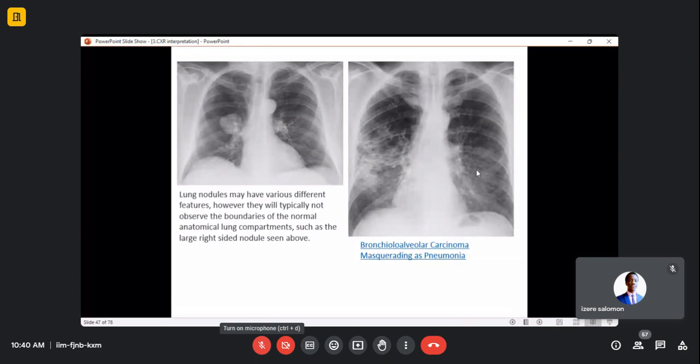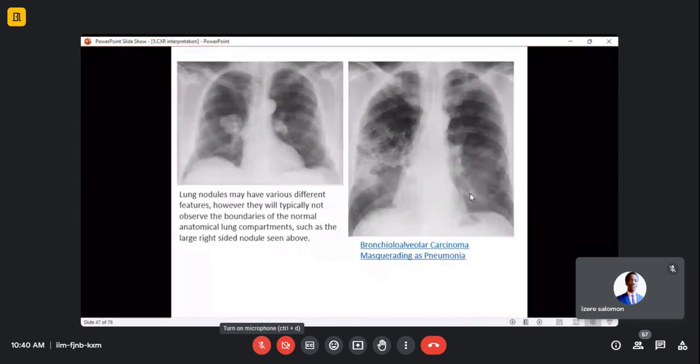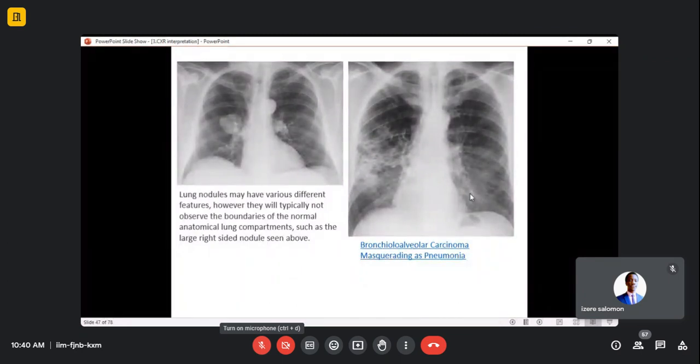So don't ask how you can differentiate them. It's still always the clinical history. Because if you give me this image and tell me the patient has been sick for 3 months, or 4 or 6, with coughing, chest pain, weight loss, I will not go and say this is a consolidation.